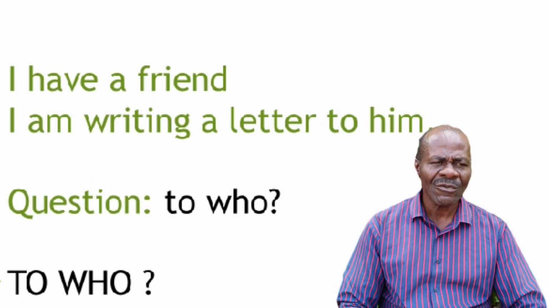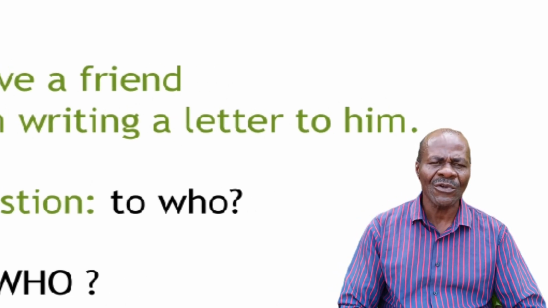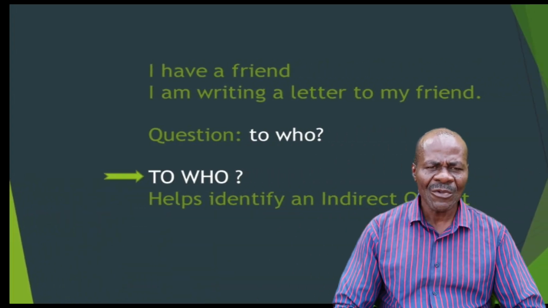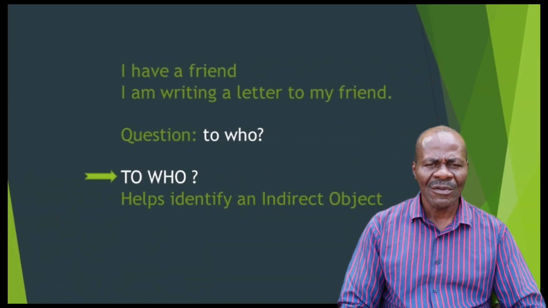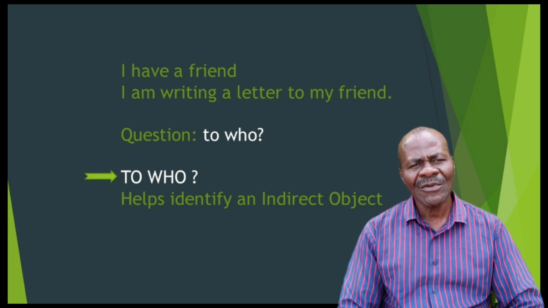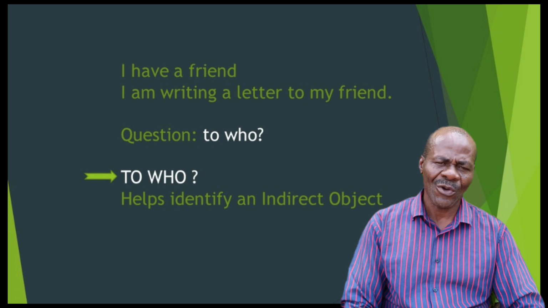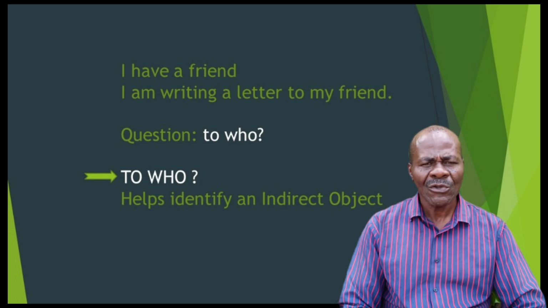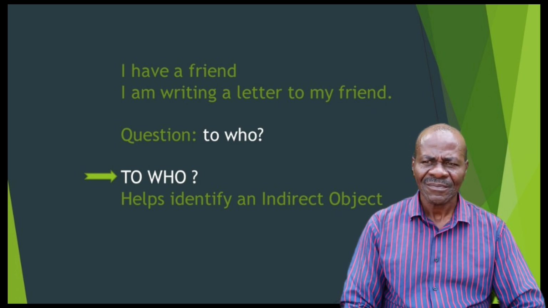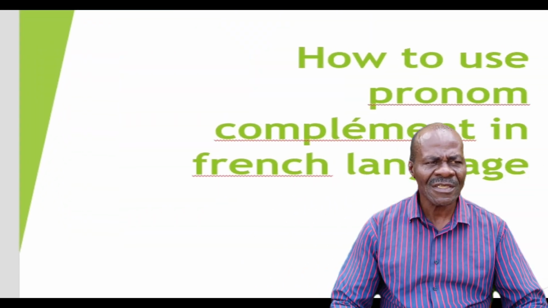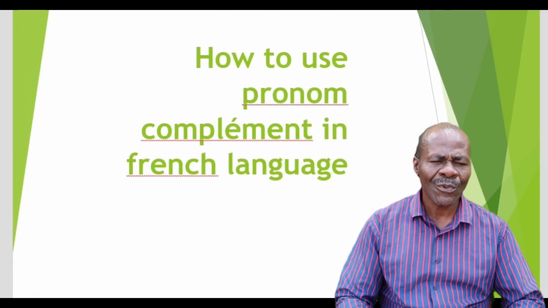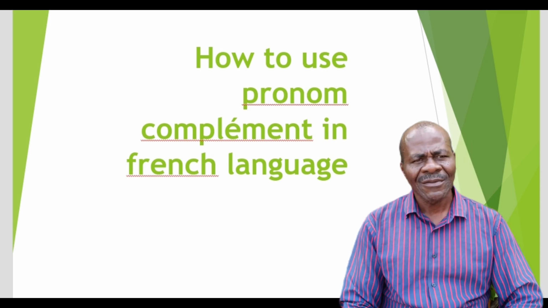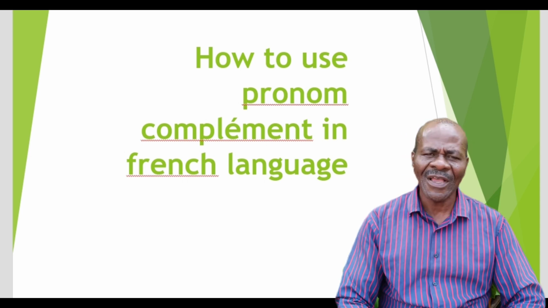While the first one was just the interrogative word what. But here you have to plus who. So my friend now is an indirect object. So if you are to use a pronoun in the French language, you go for a pronom complément d'objet indirect. Now the next question is how to use pronom complément in the French language. Very, very simple.